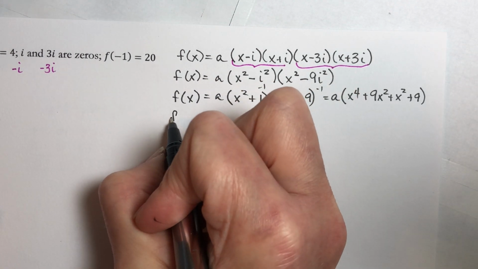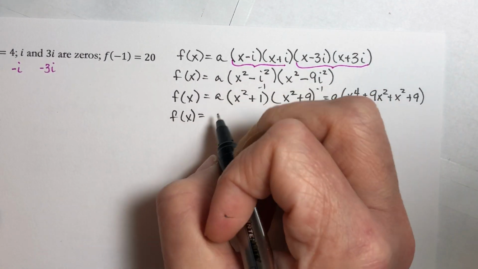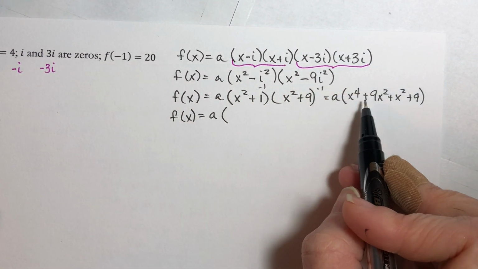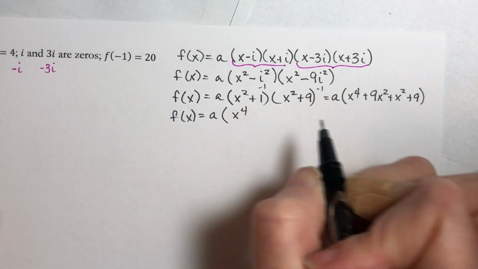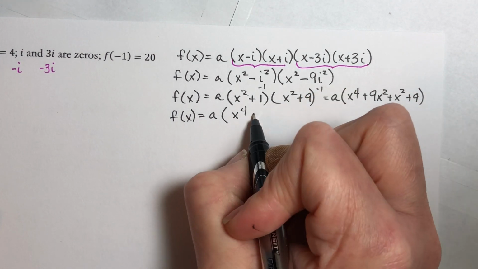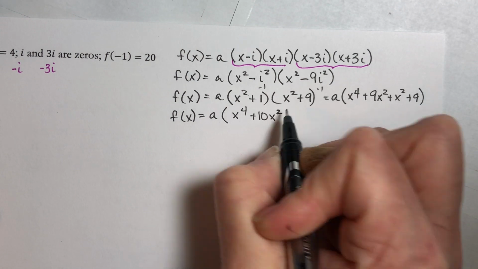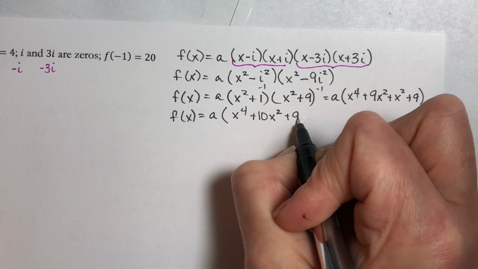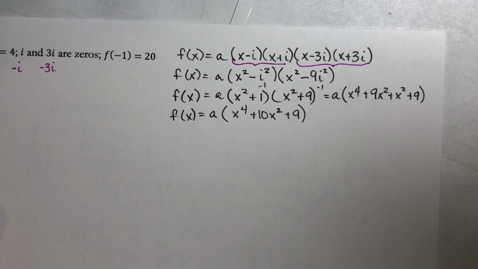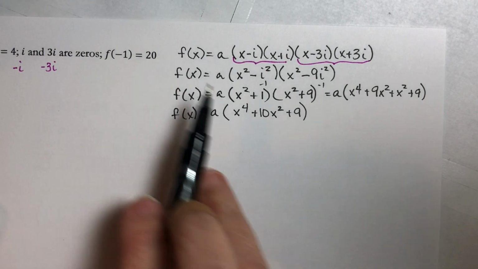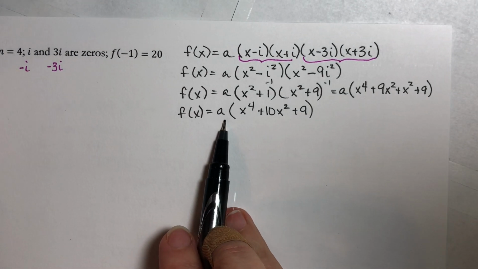So my basic f of x is a times x to the 4th, combine like terms here for plus 10x squared plus 9. Now we're ready to use this so we can figure out what our a value has to be.